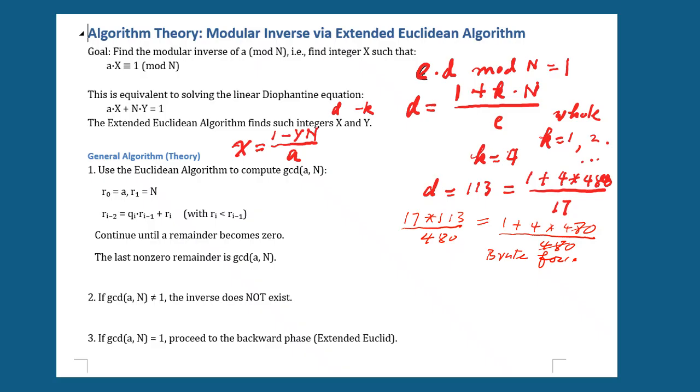A is given, and N is given here. Then we find the solution X and Y which equals 1. Both X and Y are integers.